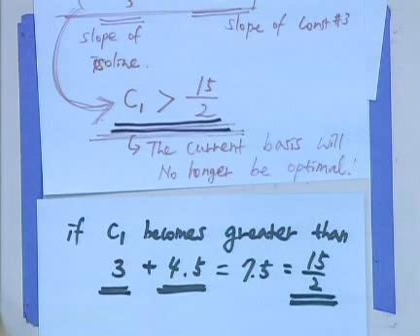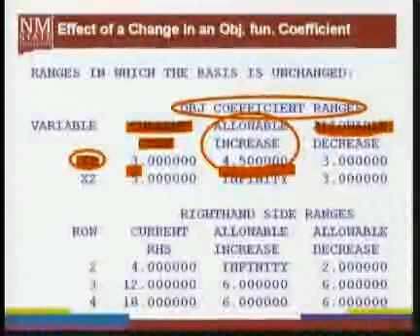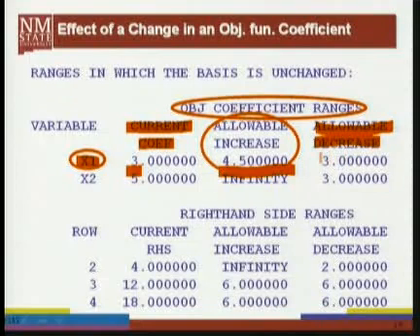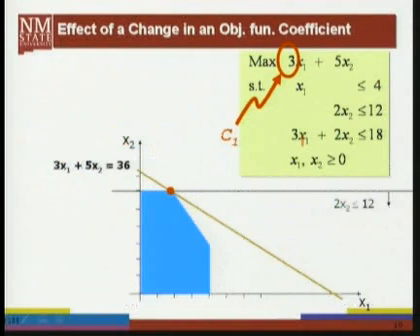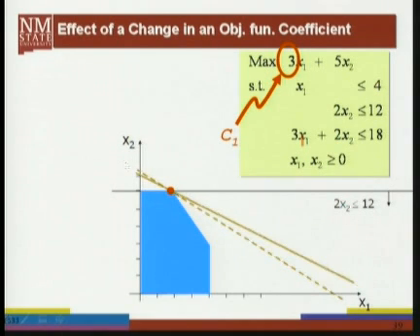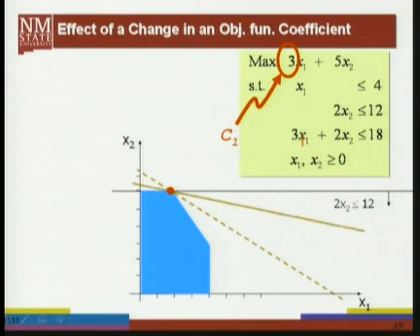Okay, then now let's see how to get the allowable decrease limit of 3 here. Okay? Suppose we change the value of C1 so that the isovalue line becomes flatter.